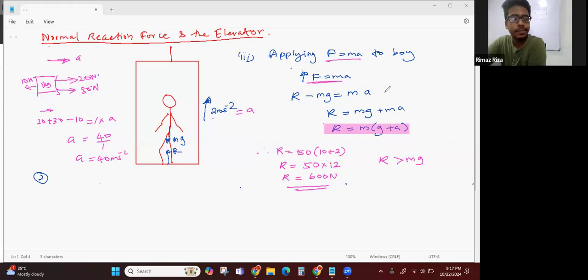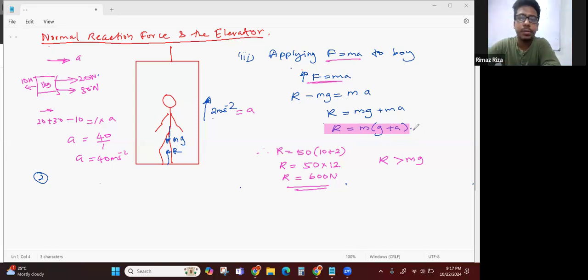So you are clear, right? Yes. Okay. So you can use this formula whenever the lift is accelerating vertically upward. This is the formula for R: R equals m times g plus a. So you can straight away use this formula.